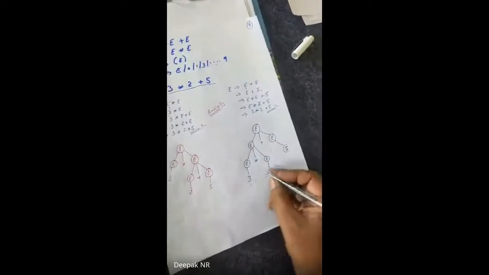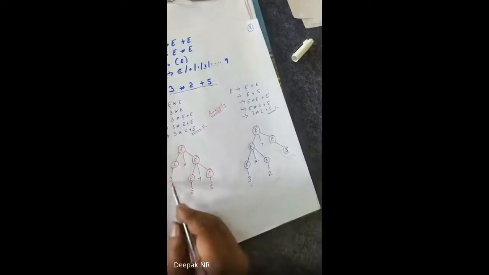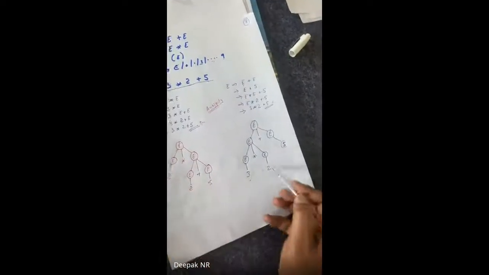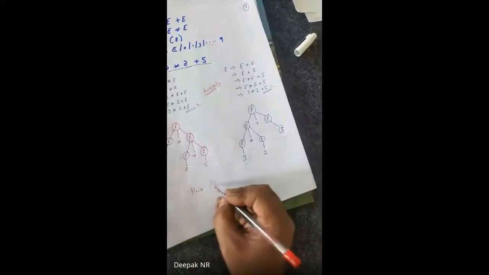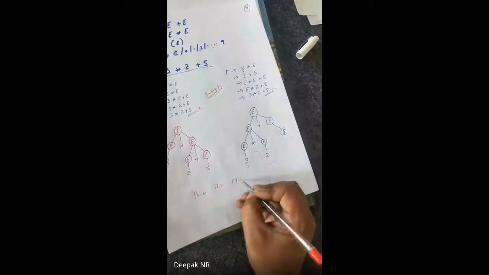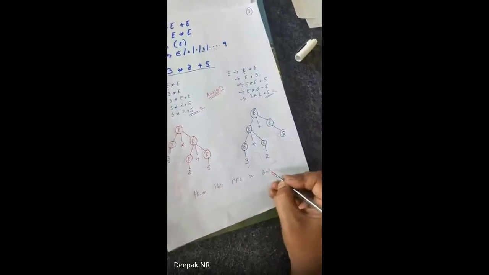If you go from left to right, 3 star 2 plus 5, both are the same. Hence, this CFG is ambiguous.